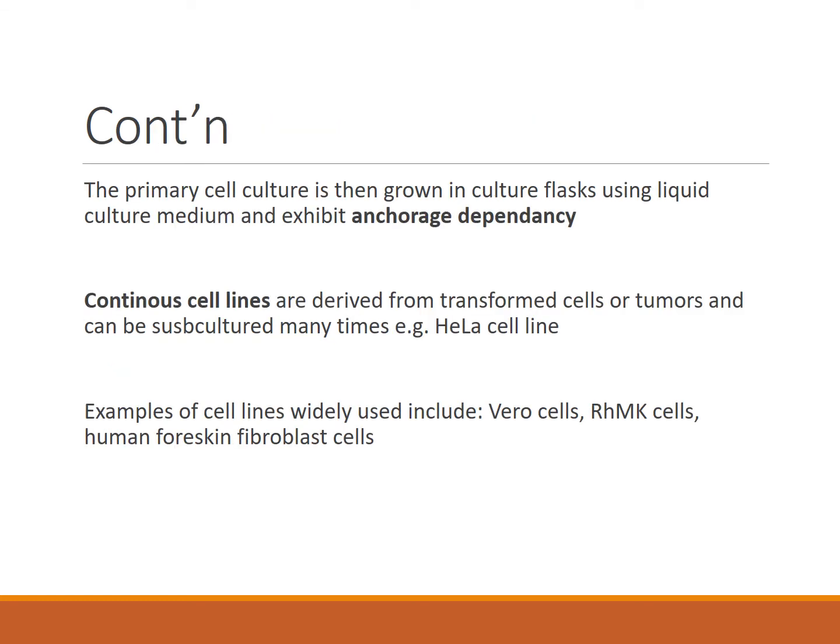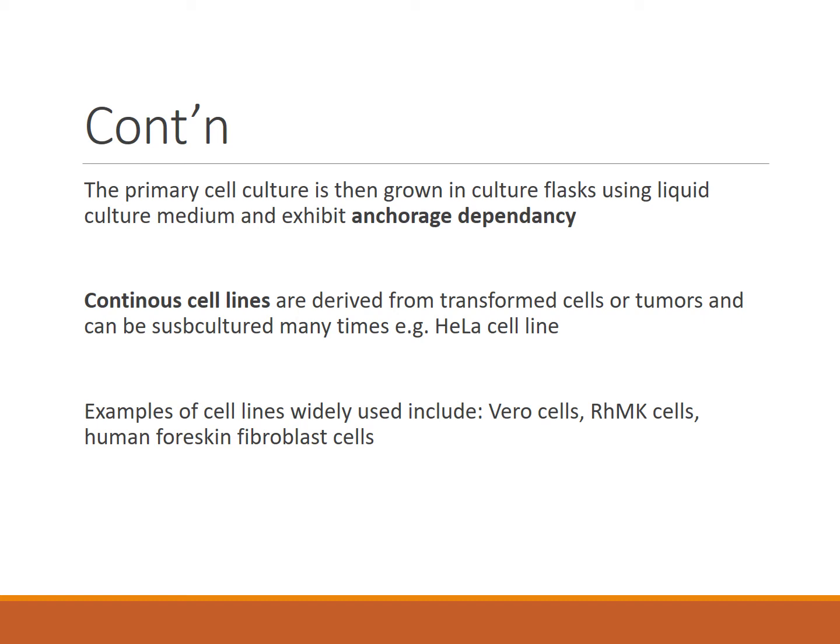The primary cell culture is then grown in culture flasks using liquid culture medium because this cell culture exhibits anchorage dependency. That means it needs to attach to a surface in order to grow.